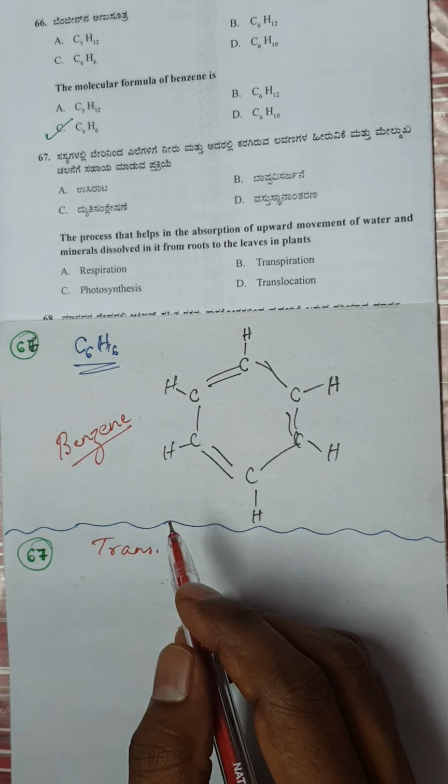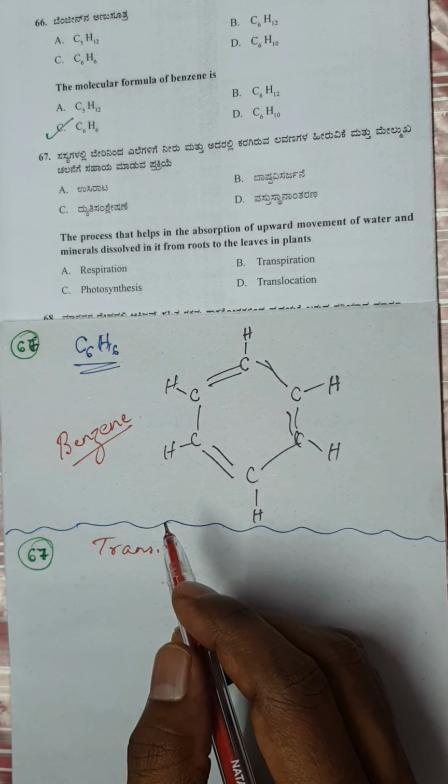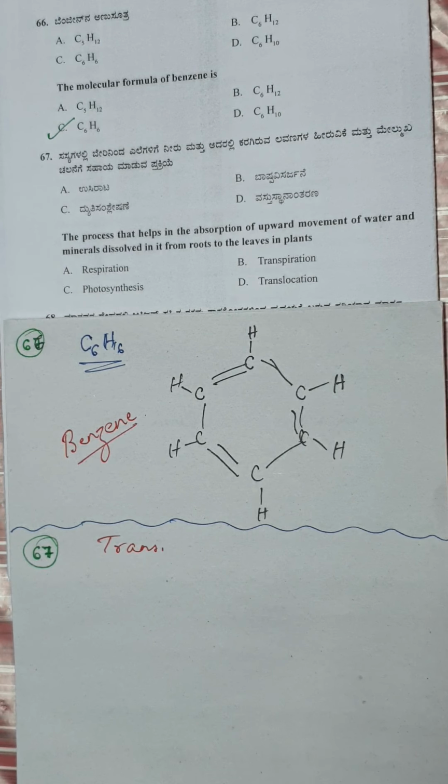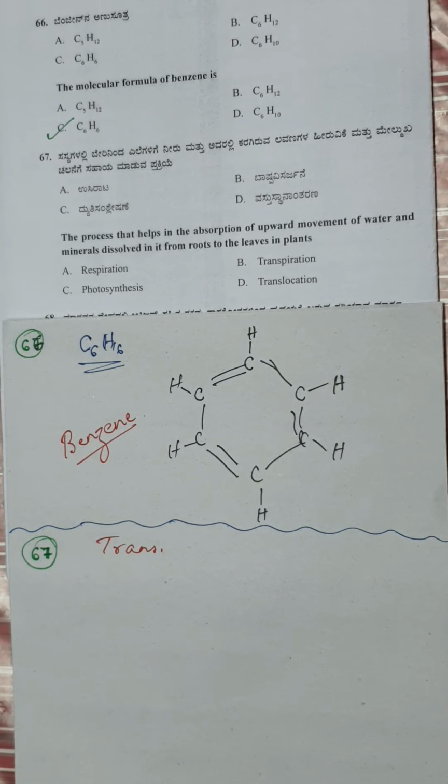Now leaves will lose water, that is loss of water from the leaves. That will create scarcity of water. This will create something called transpirational pull. When there is a transpirational pull, water and the minerals will move from the root to the upward part through the tissues called xylem.